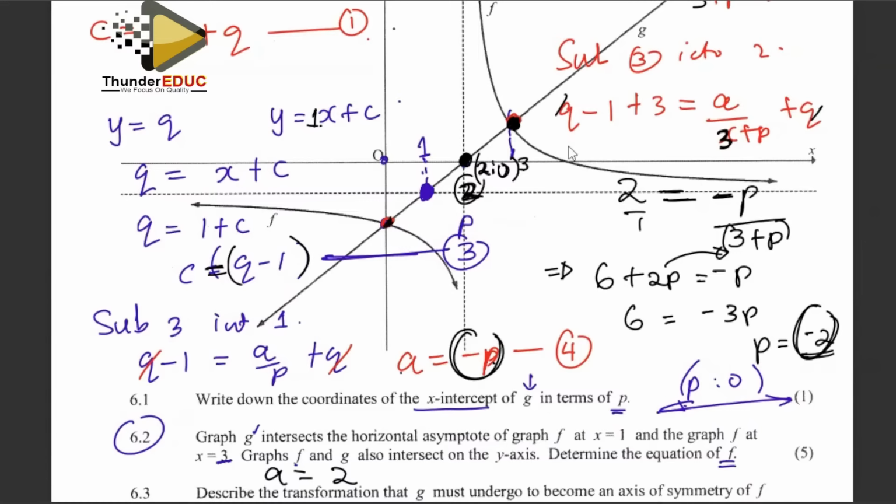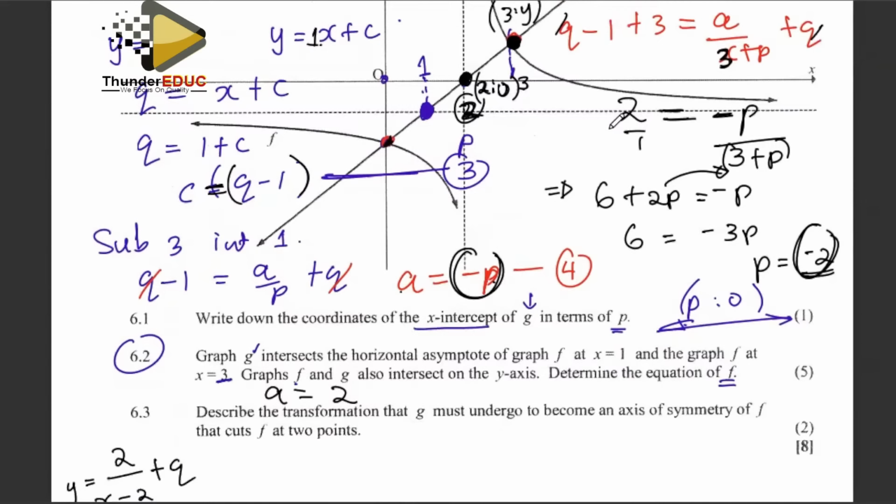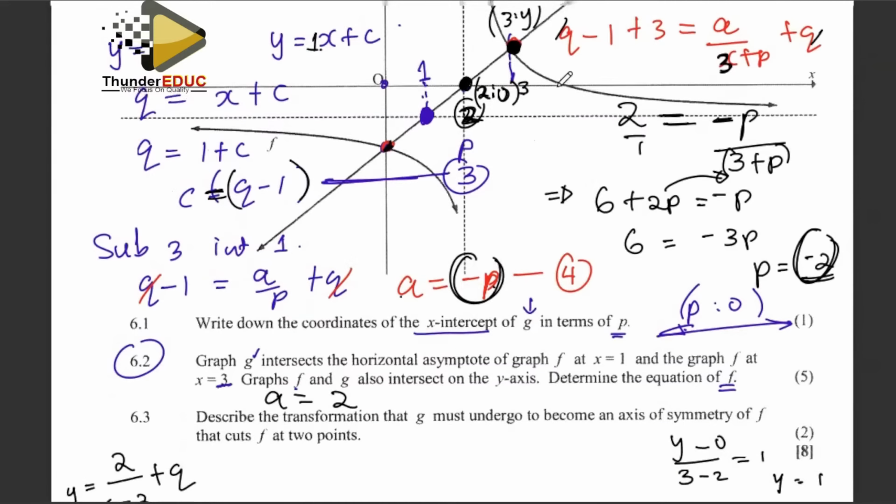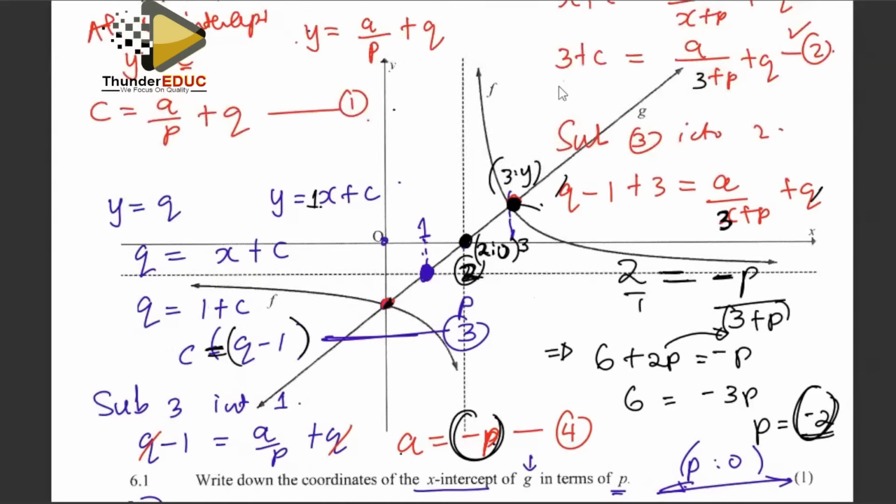I need at least one point to get my q value. So y minus 0 over 3 minus 2 must give me a 1, meaning that the y value is 1. So this point here is 3 and 1.